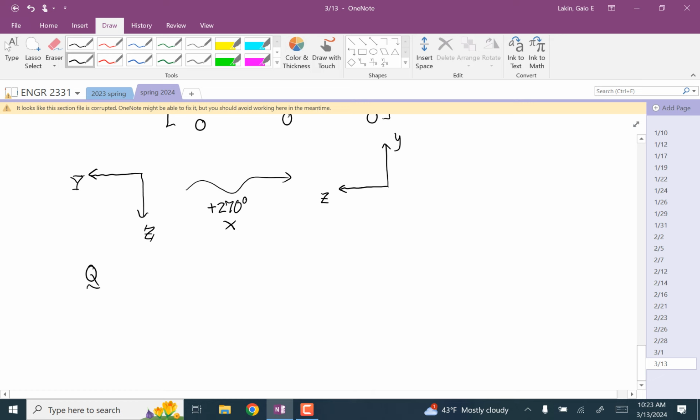So that rotation matrix is 1, 0, 0, cosine of 270, sine of 270, negative sine, cosine.